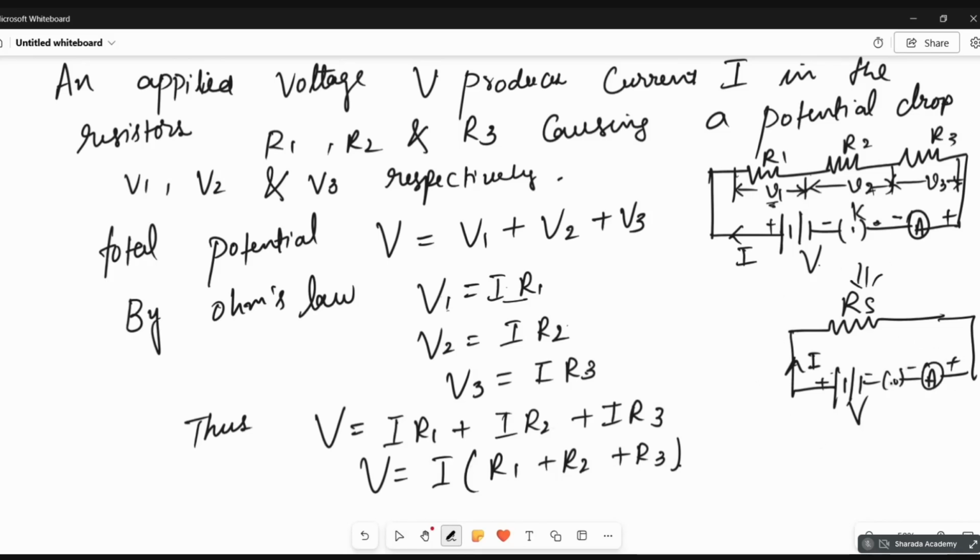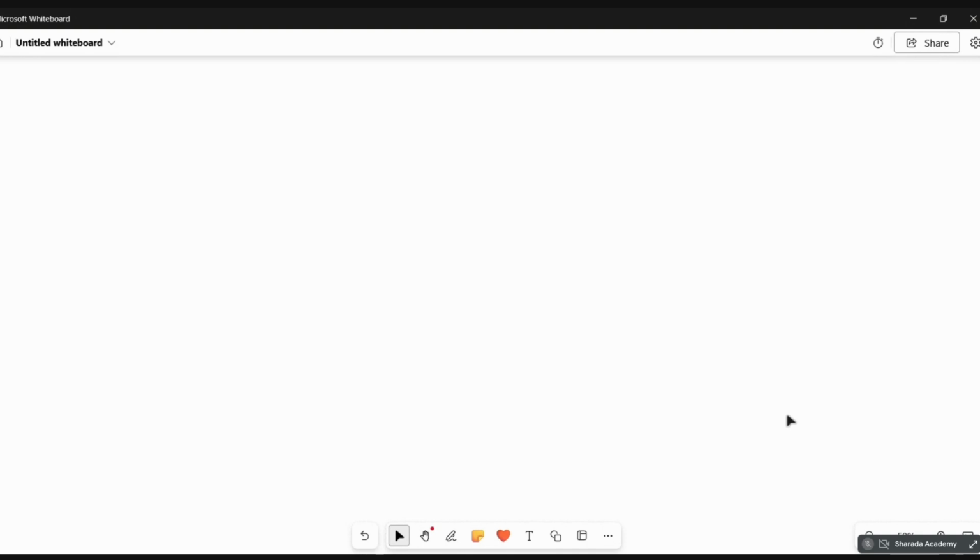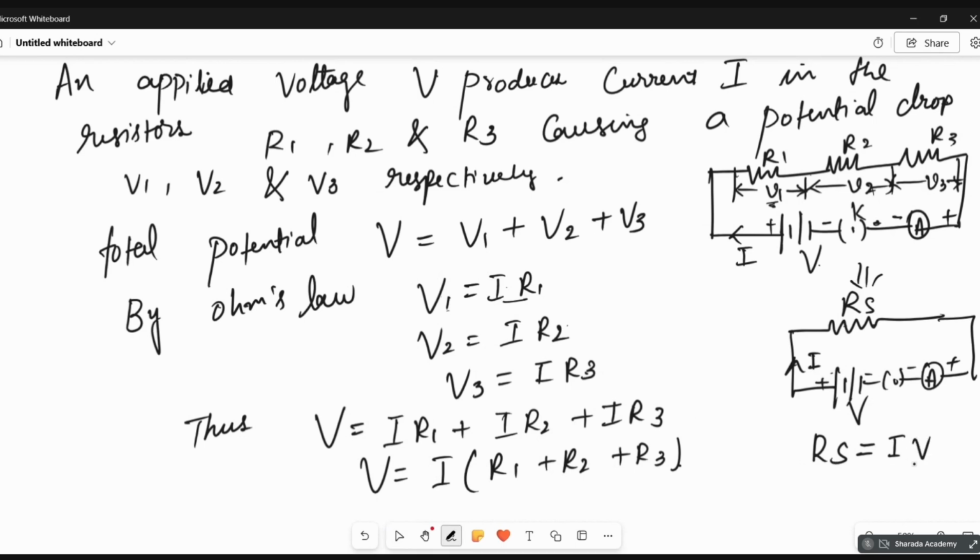So here, same for RS, what is the current flowing through it? I. Voltage applied is total V. So V is equal to I into RS, because everything is applied across RS only.